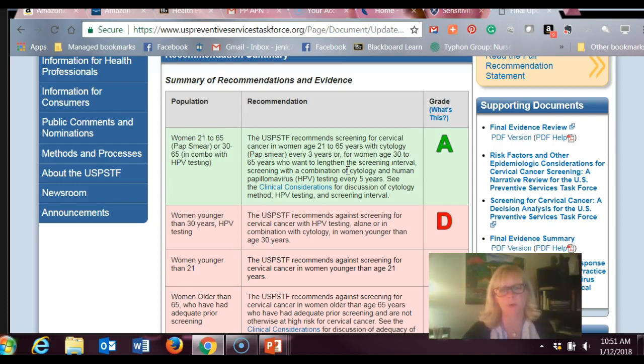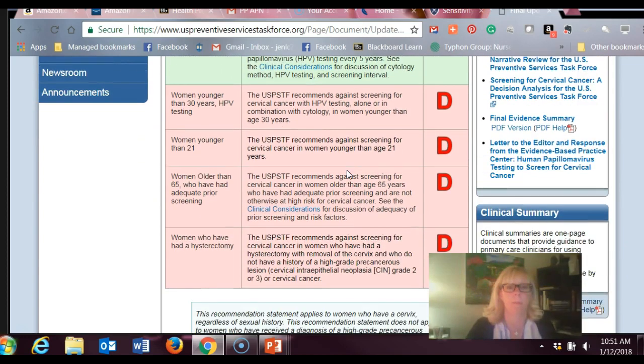Also, HPV is very slow growing. So that's why, say you have sexual intercourse at 15, we still don't recommend it till age 21, because most likely the cervical cells have not changed at that point, or are just so slow growing that it's just not recommended. And then you can read these on your own, okay?